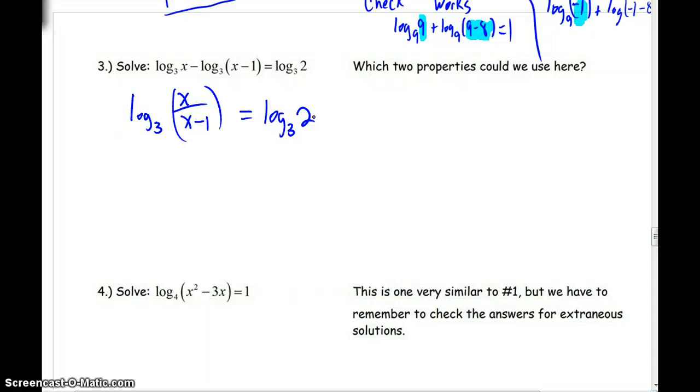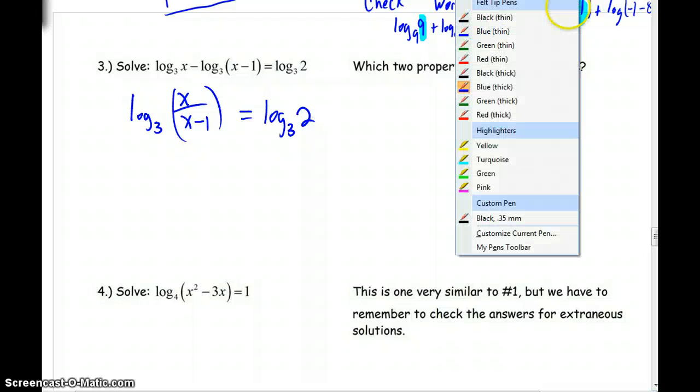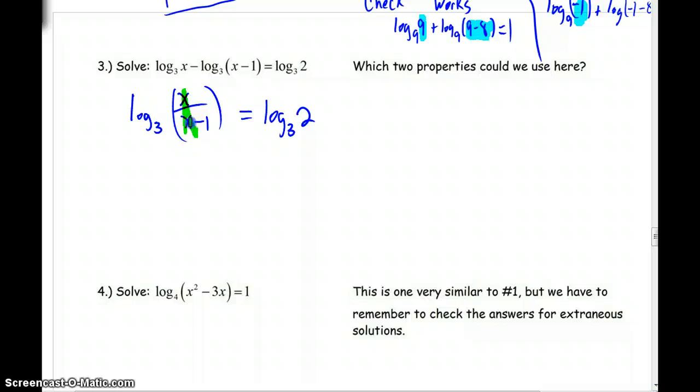We have a log not equal to a number now, but a log equal to a log. Now here's the catch. If you have a log equal to a log, the only way that's true, providing that we've got the same bases, is that the inside parts must be equal. So this is going to equal 2 all over 1.